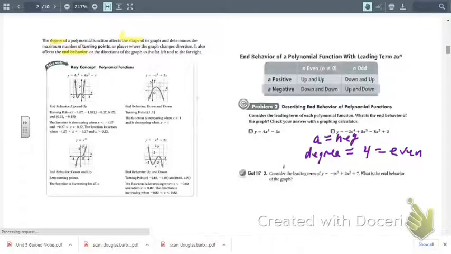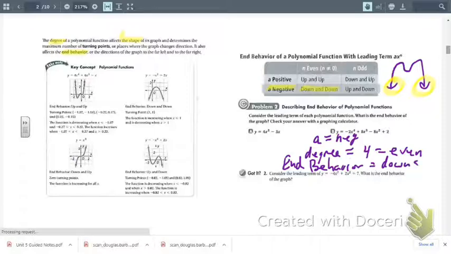So, since your A is negative, we're going to look down on the bottom row, and then our degree is even, so this is going to start down and end down. So degree 4 starts down, it's going to look something like that. It's got a little bump there. Alright, so starts down, ends down. That's what the end behavior is. So down and down.